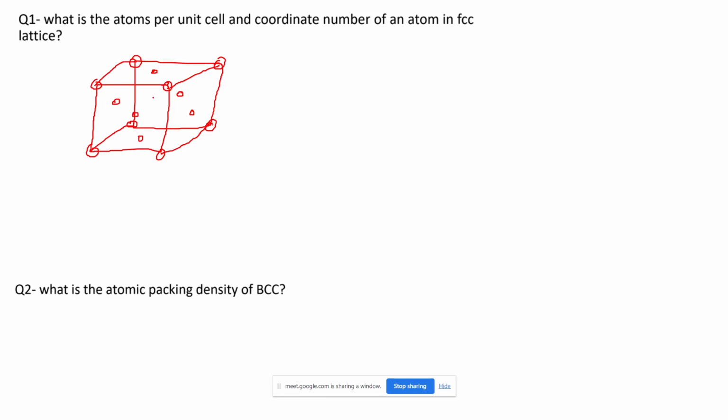Okay. So in each corner, what will be the atom? 8 corners are there, so 1 by 8 atom is the contribution.